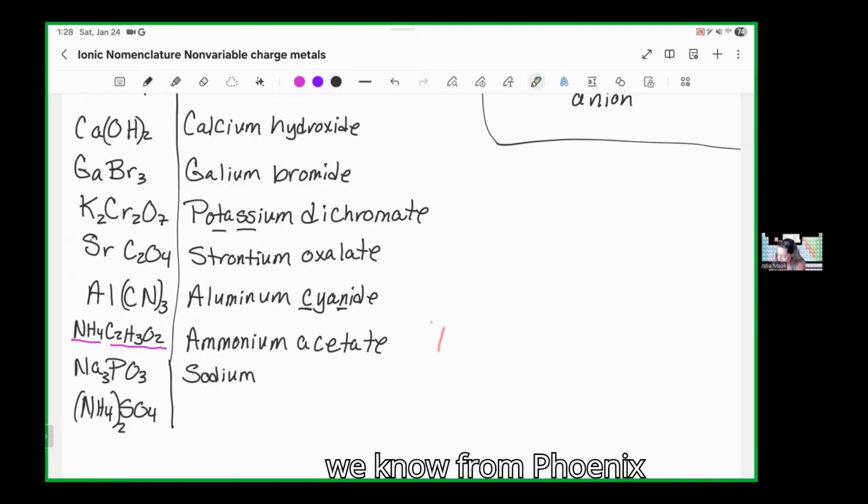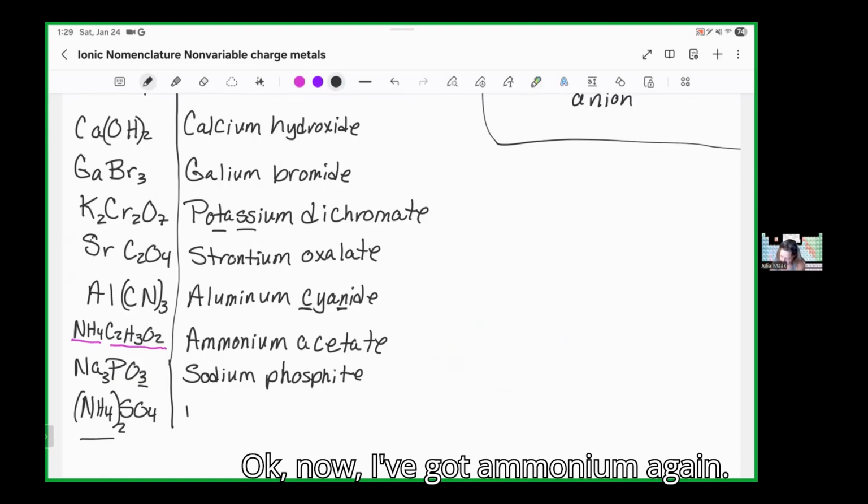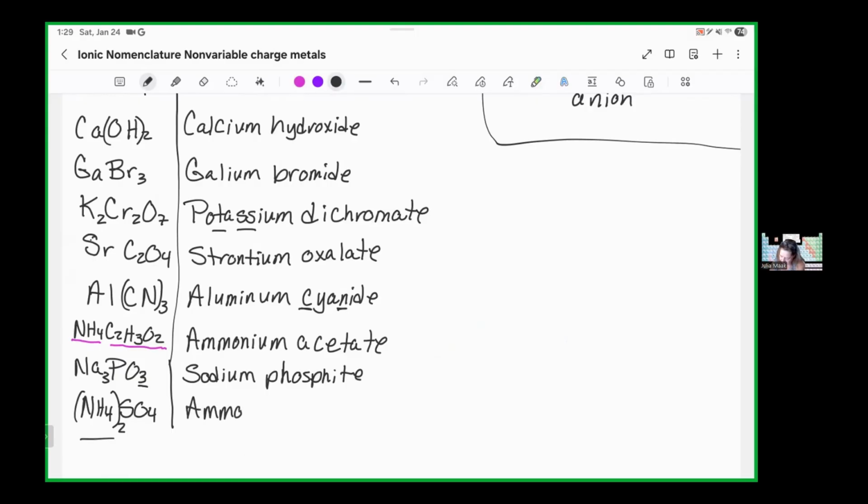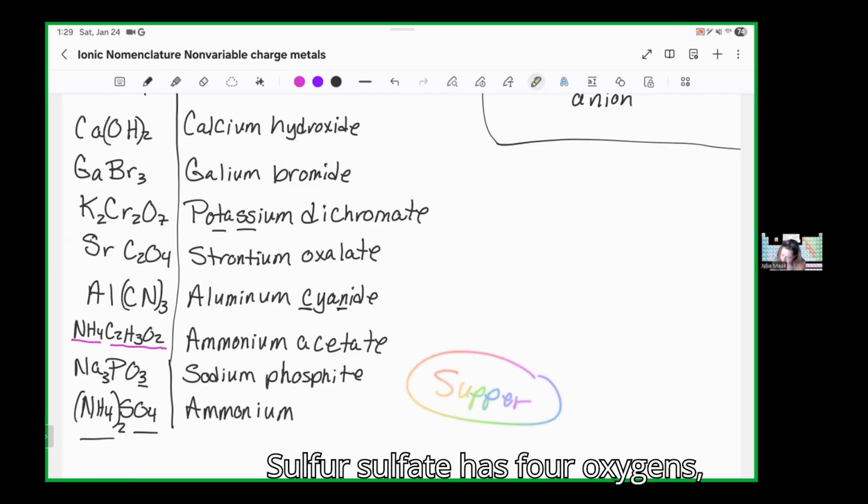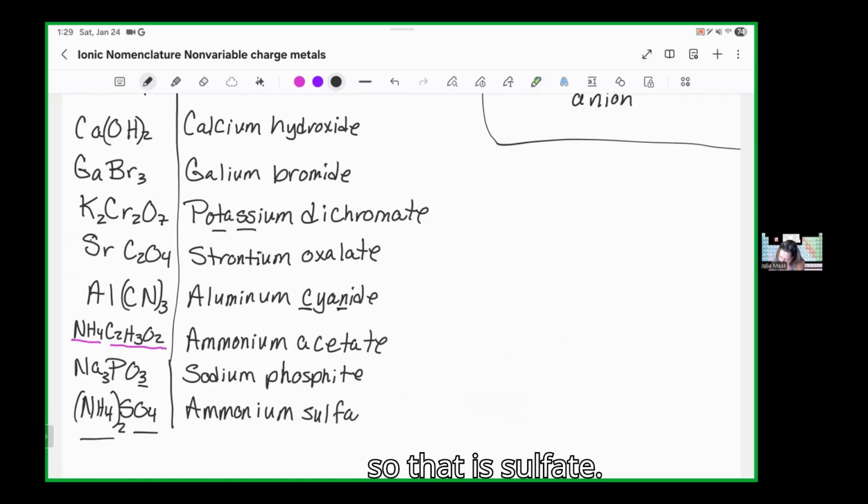PO3, we know phosphate has 4 oxygens, so my 3 oxygens is phosphite. And now I've got ammonium again. SO4, sulfate has 4 oxygens, so that is sulfate.